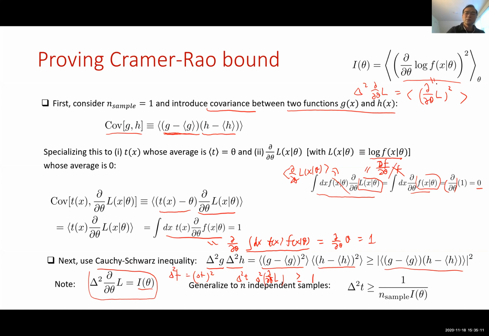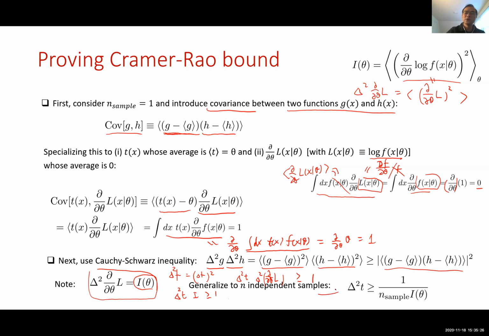So one side of the variance gives me the Fisher information, so delta t squared times Fisher information is greater than 1.